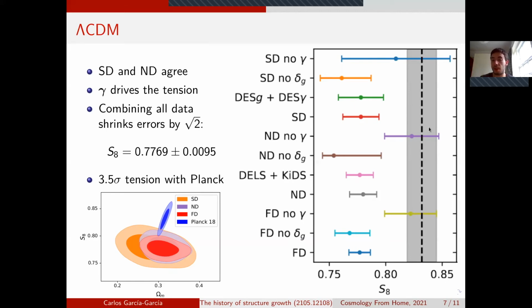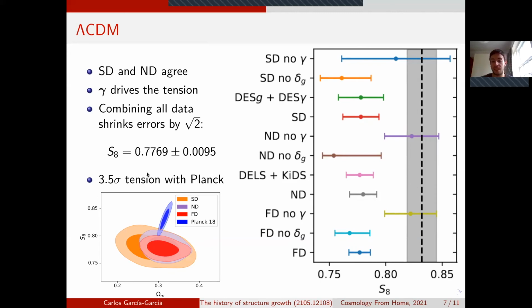That is the gray band. However, when you introduce shear, you find results that are in tension with Planck. If we combine all this data, we are able to shrink our errors by a factor square root 2, meaning that we find an error for S8 of 0.0095 and a tension with Planck of 3.5 sigma.